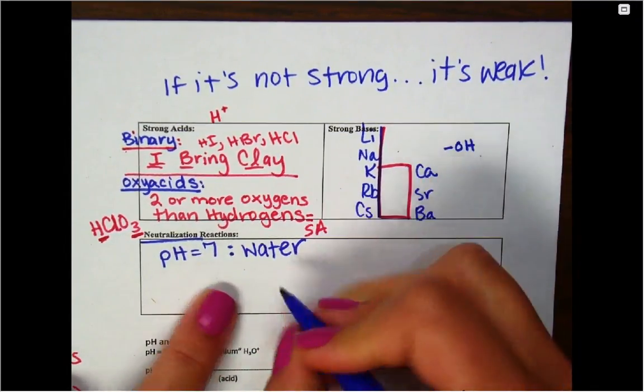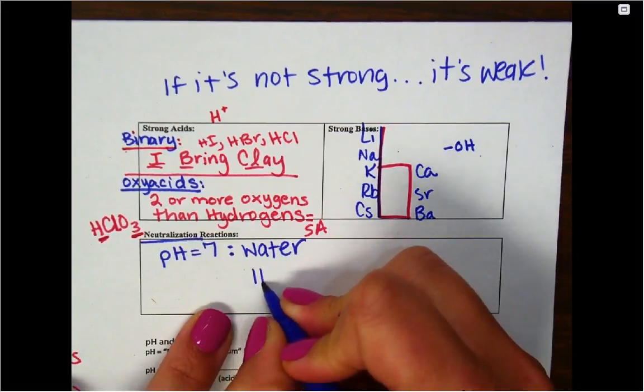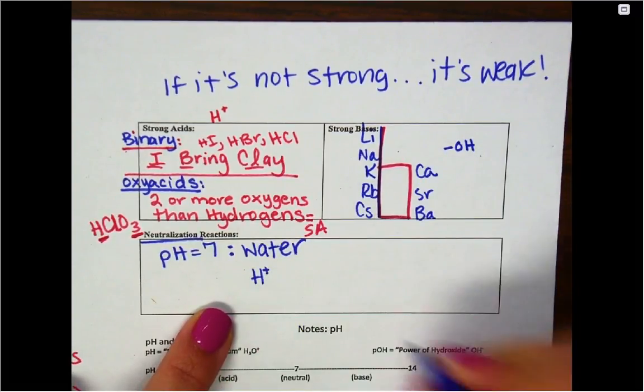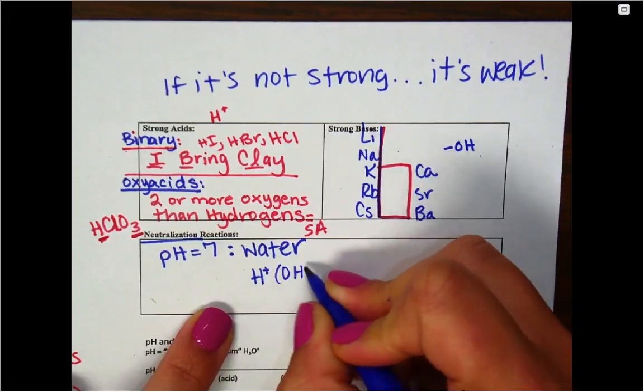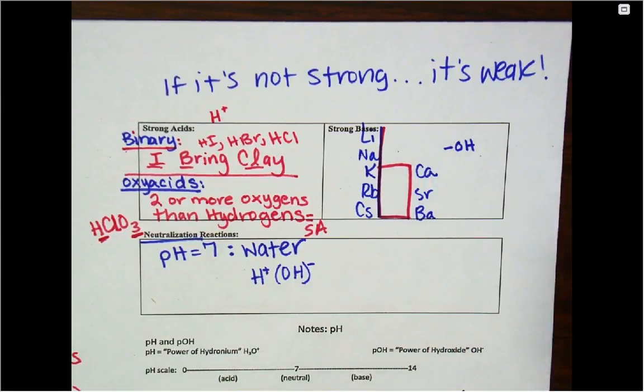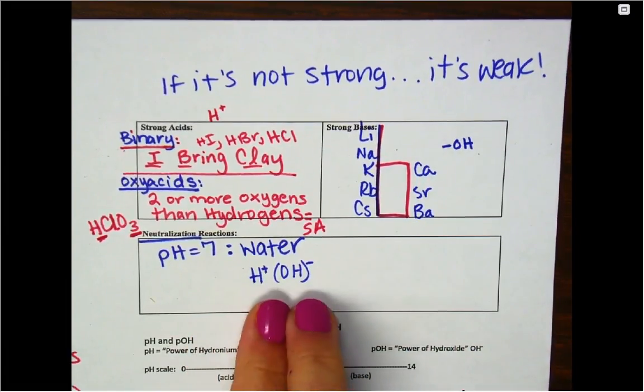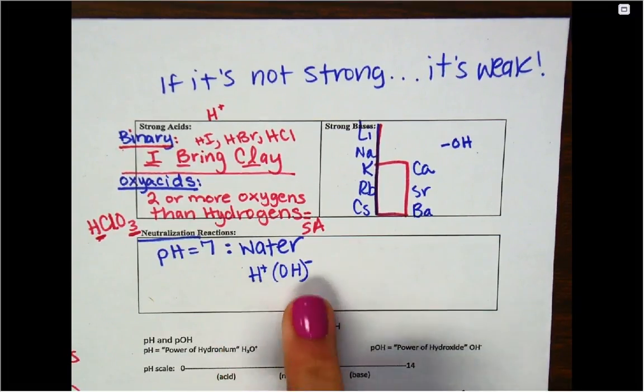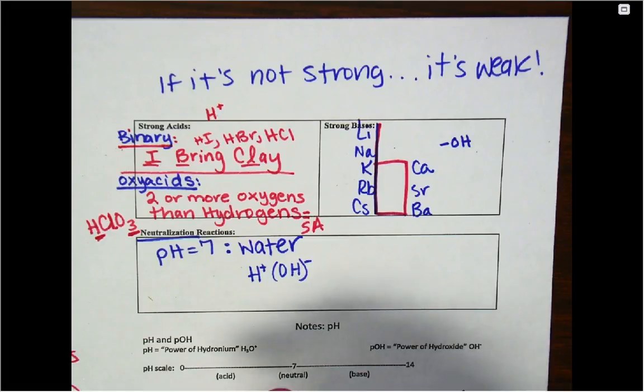So just so you know, water is H2O. That means it consists of an acid, and it also consists of a base. That's what makes that pH right in the middle. The fact that it has acid and base in it, in the formula, makes it that neutral idea, okay?